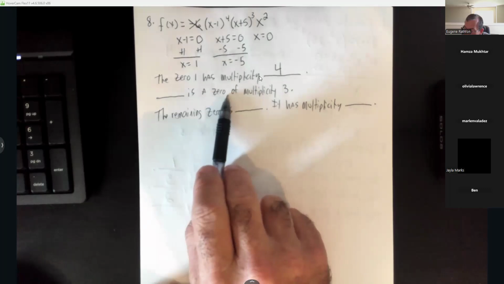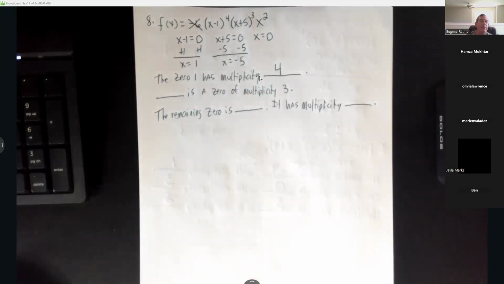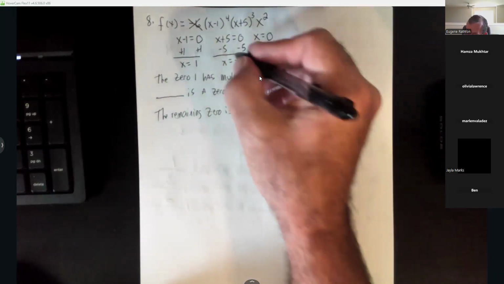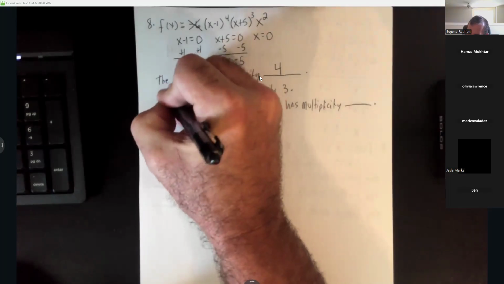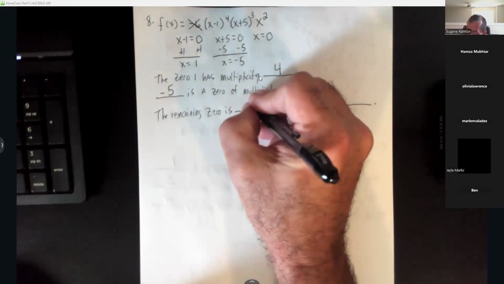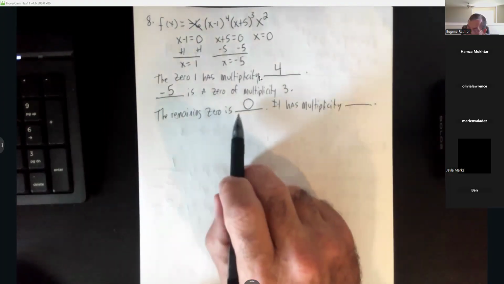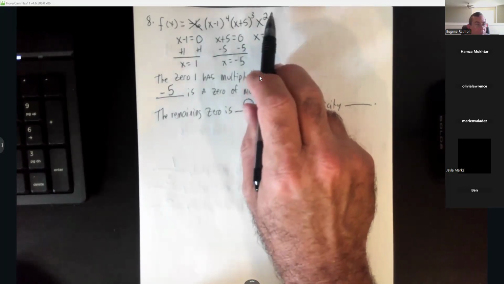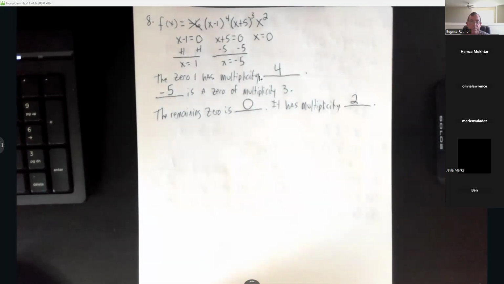Blank is a 0 of multiplicity 3. So what would go in that blank? -5. Good job, because that 0 we found right there. So y'all, that means the remaining 0 is blank, and it has a multiplicity of blank. And that's good job, right? 0 was the remaining one, and it had a multiplicity, good job, of a 2.